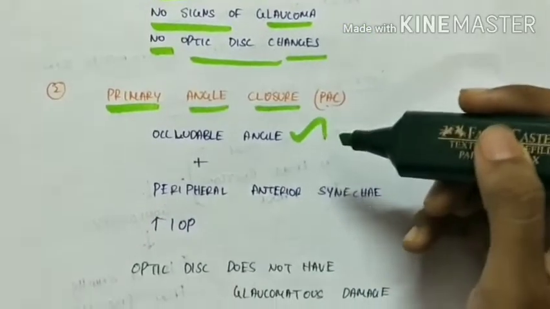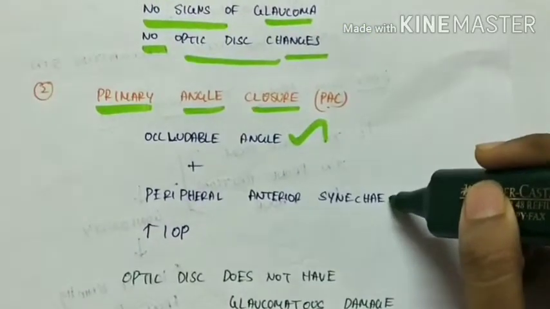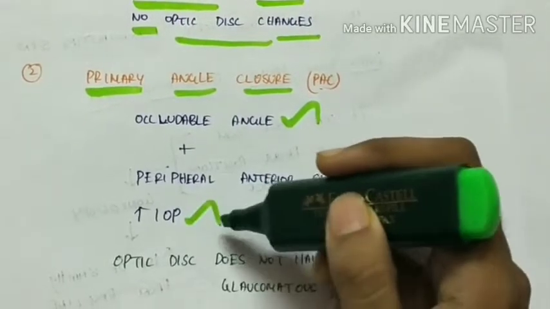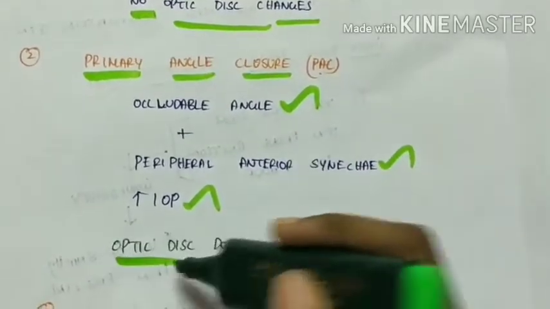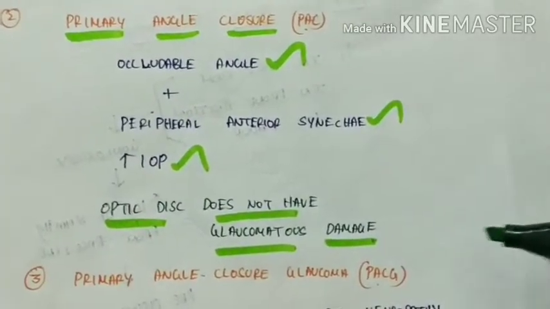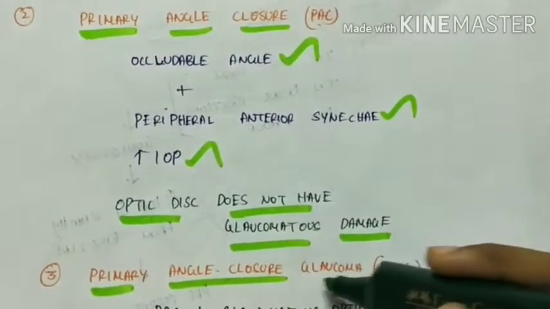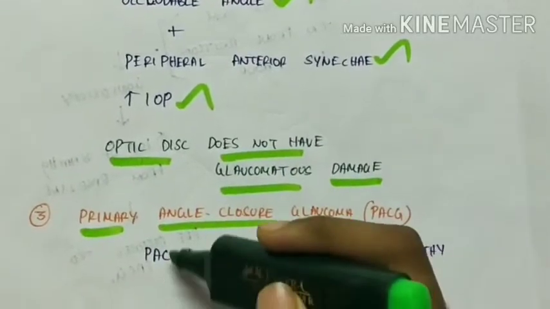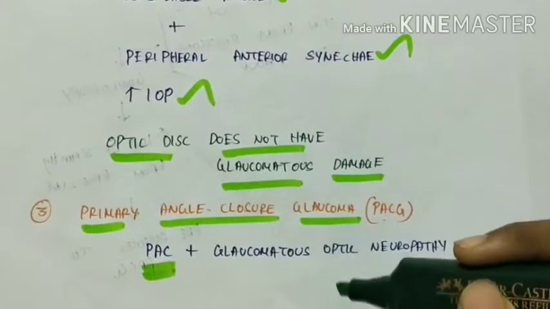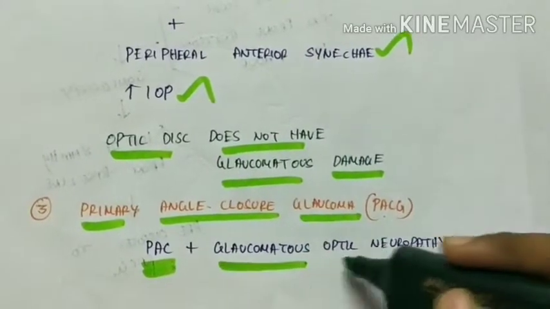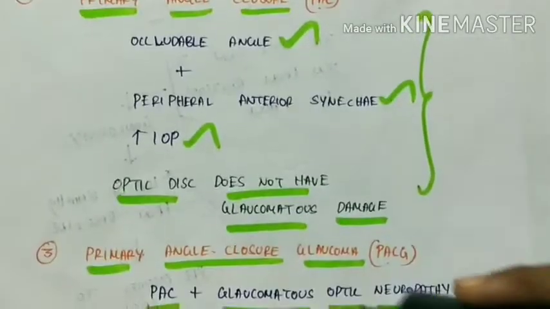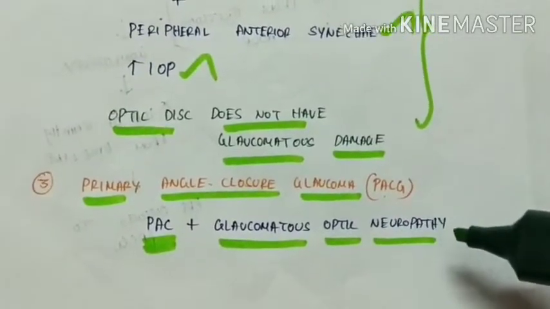Here there is an occludable angle along with the formation of peripheral anterior synechiae, and there is increased intraocular pressure, but the optic disc does not have glaucomatous damage. The third stage is primary angle closure glaucoma. Here the second stage, primary angle closure, is also having glaucomatous optic neuropathy. So we will see all these changes along with glaucomatous optic neuropathy.